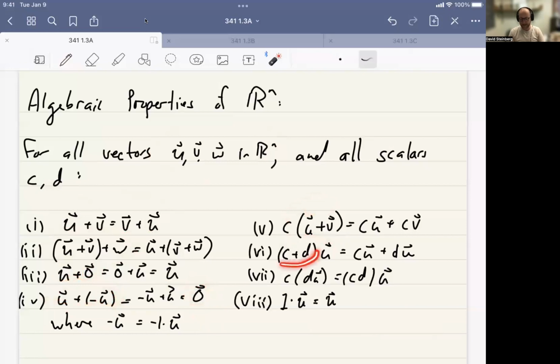Similarly, if you add two scalars and then multiply with a vector, it's the same as multiplying the vector first and adding. It doesn't matter if you do c times the vector du or cd times the vector u, and the number 1 times u is just equal to u. So all the algebra that you'd expect to hold for vector addition and scalar multiplication works.